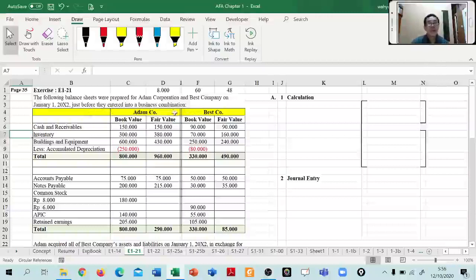We get Adam Company and Best Company, and each of these columns consists of two, book value and fair value. Best Company also consists of two columns, book value and fair value.